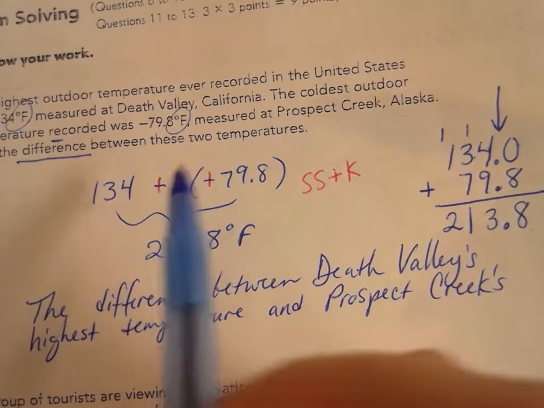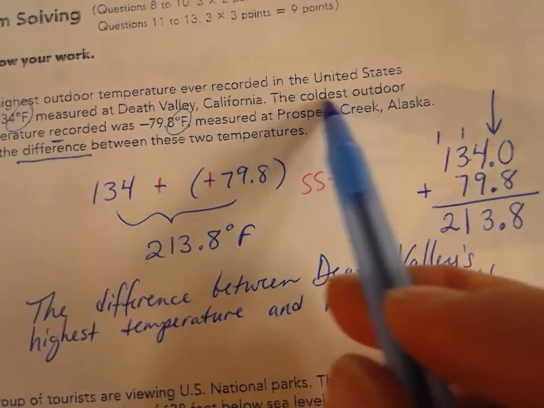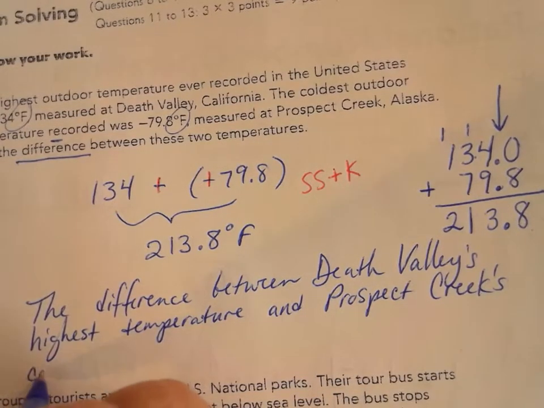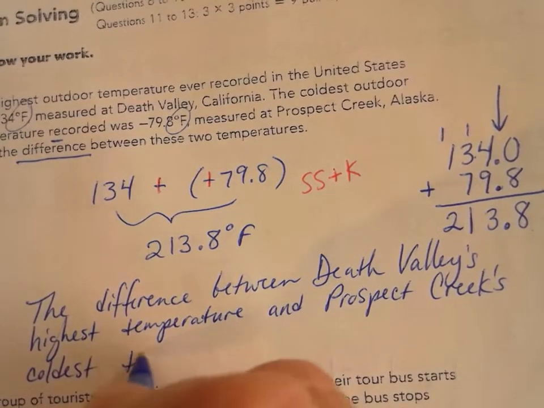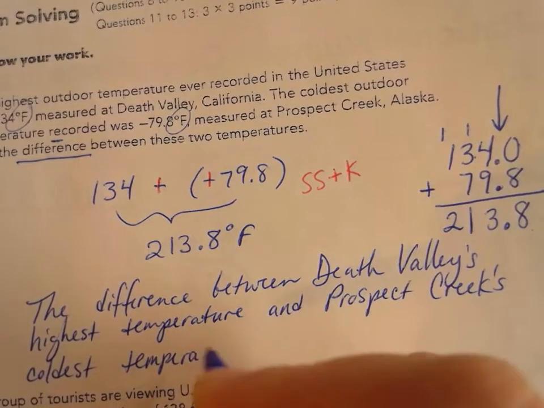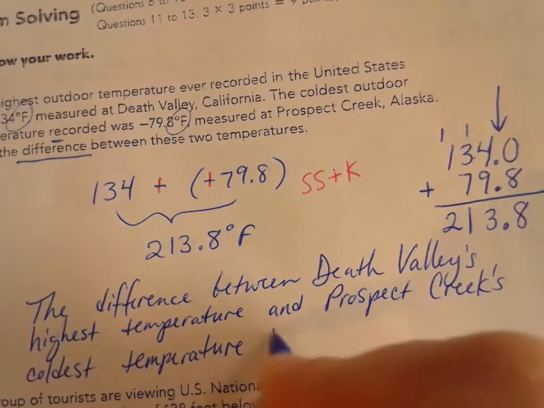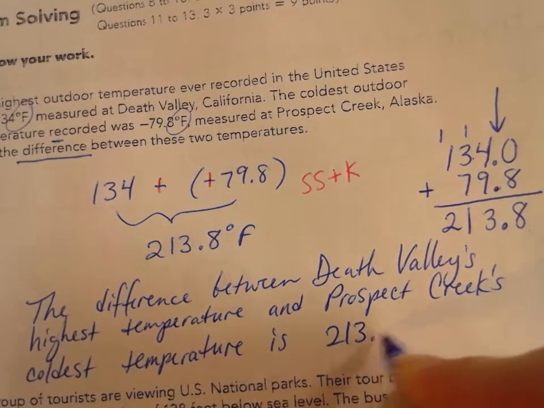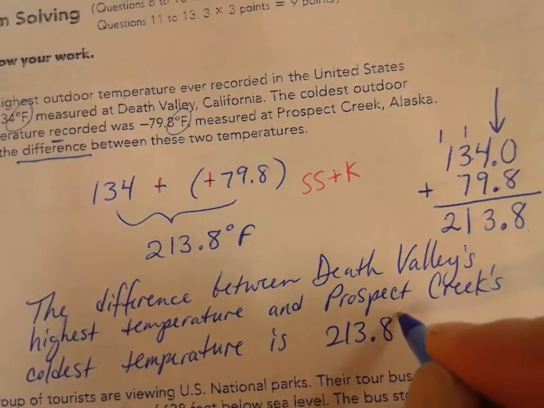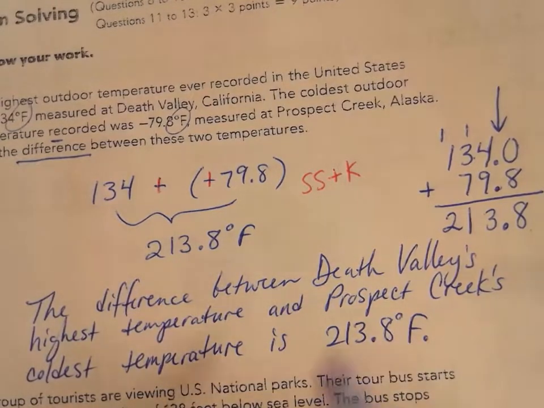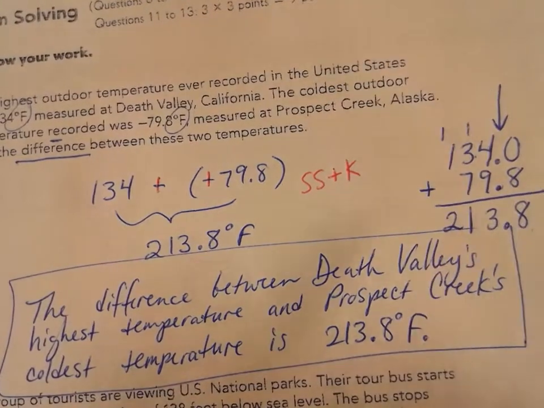But remember, that wasn't their high, it was their coldest temperature is 213.8 or an 8/10 degrees Fahrenheit. This is a much stronger final answer. It shows that I understand the context of the problem also.